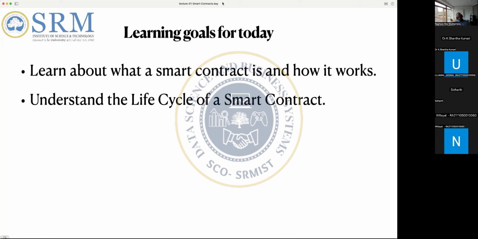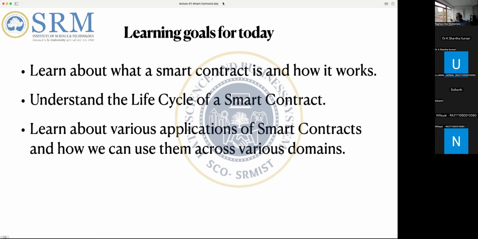Then we will focus more on understanding the life cycle of a smart contract. We have four stages in the life cycle: creation, deployment, execution and completion. We will try to understand what happens in each stage. It's like unpacking the smart contract and seeing the different stages and which types of transactions they put into the blockchain.